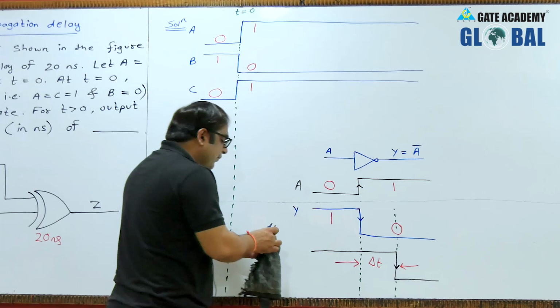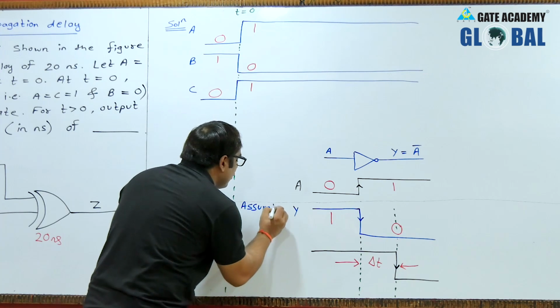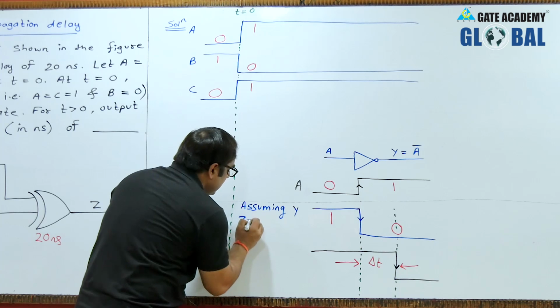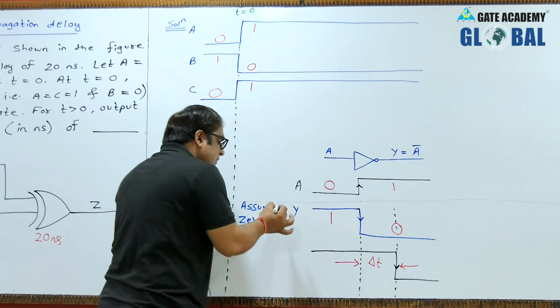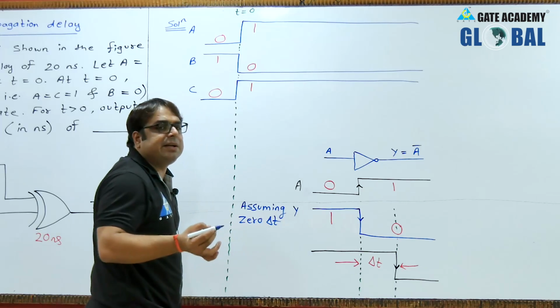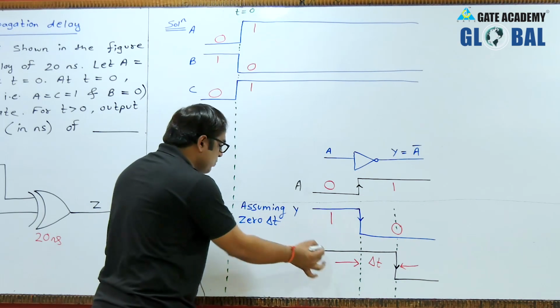So this waveform is assuming zero propagation delay. In general, we denote a propagation delay by delta t only. And this waveform is a practical situation.